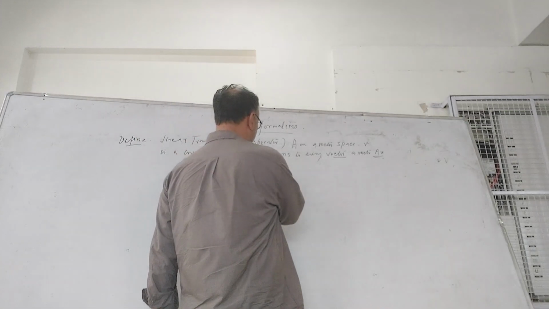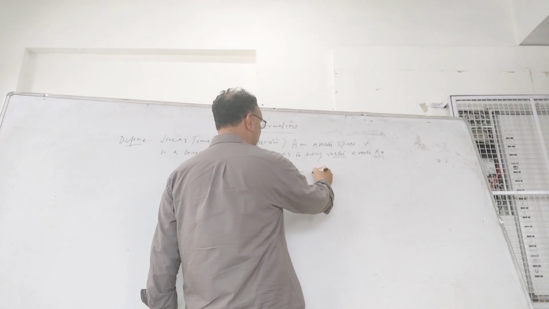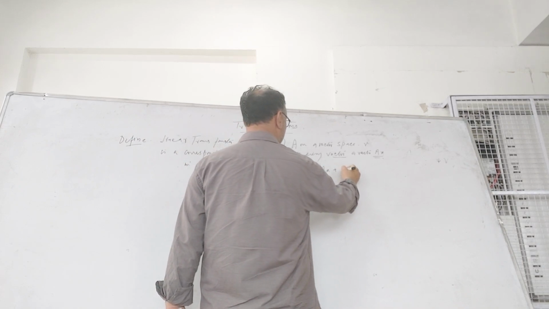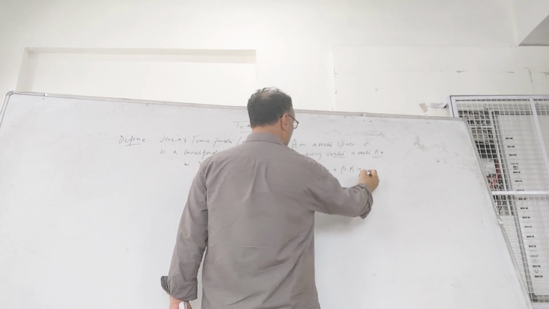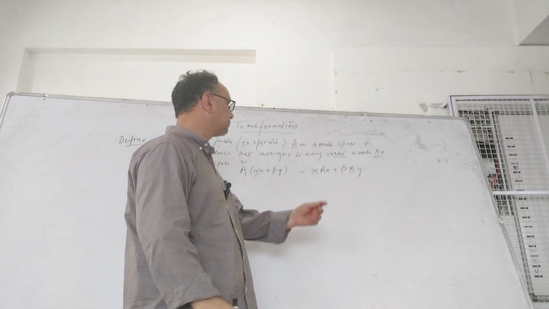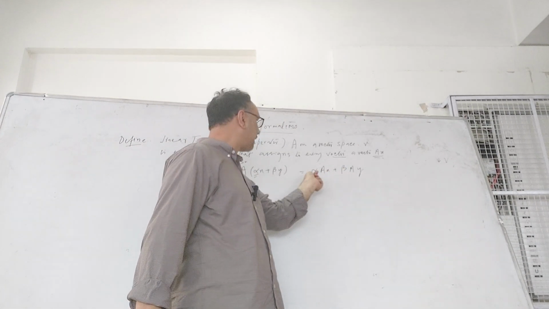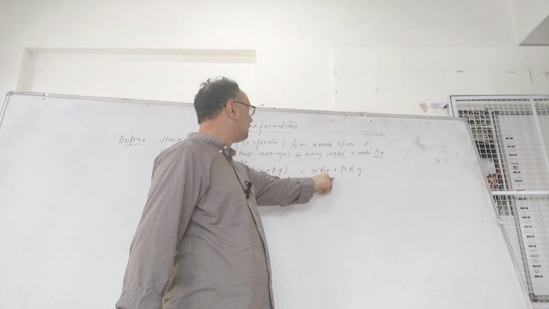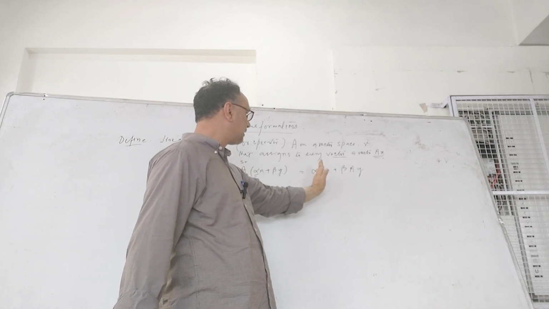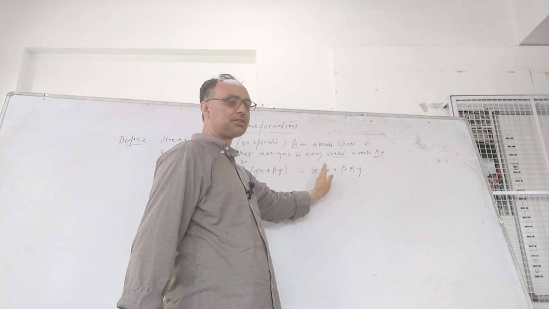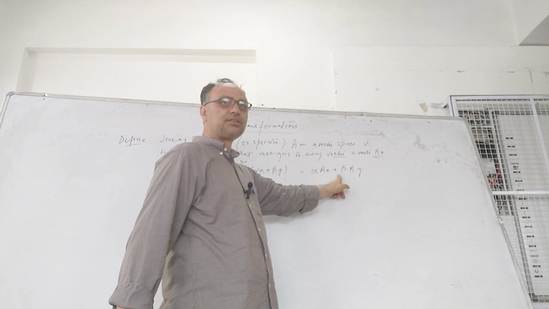So we'll assign this like this: A(alpha x plus beta y) equals alpha Ax plus beta Ay. So we assign a vector to every vector.